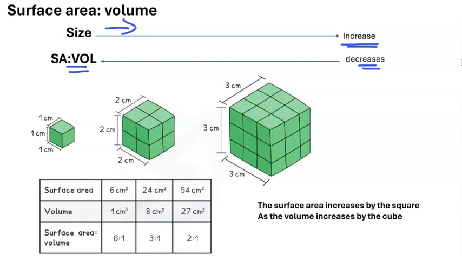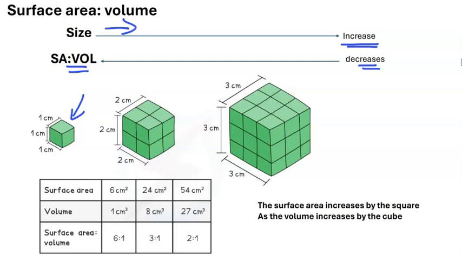So let's take a look at what this actually means for the cell. Here we're using a model which is given in units of centimeters, but of course real cells would be in micrometers, but this is just a mathematical model. So let's look at the small cell, which is over here.